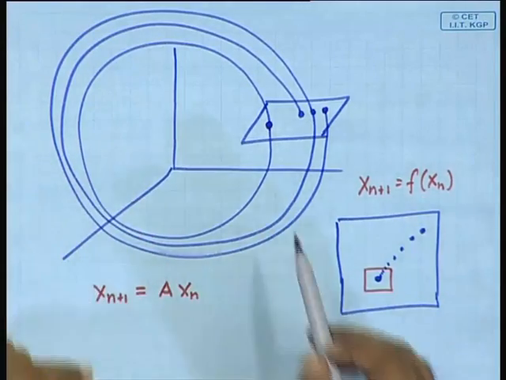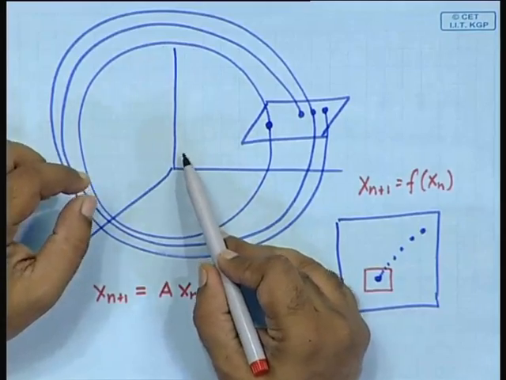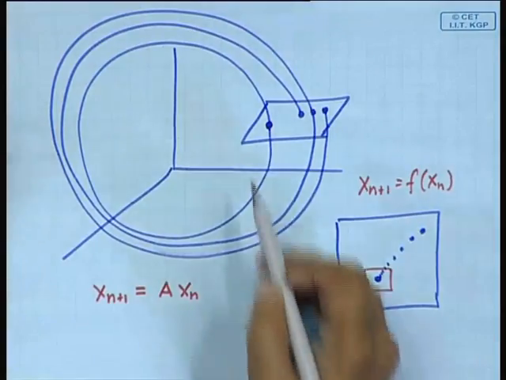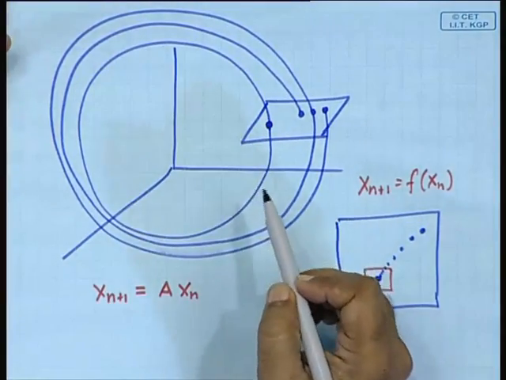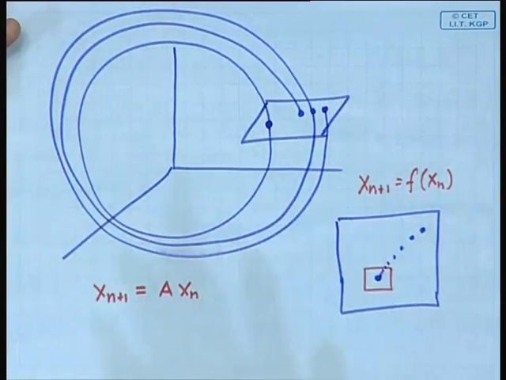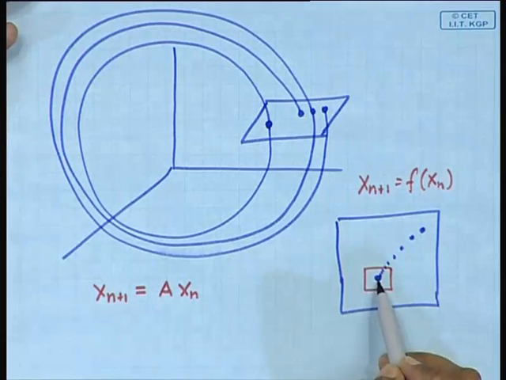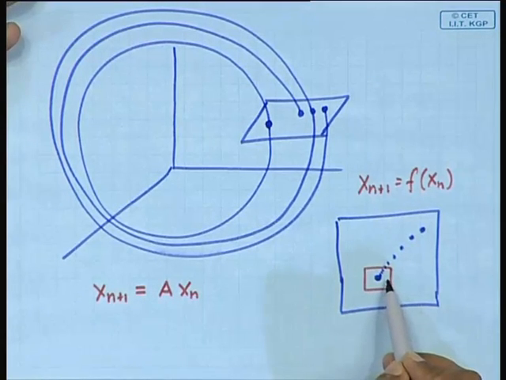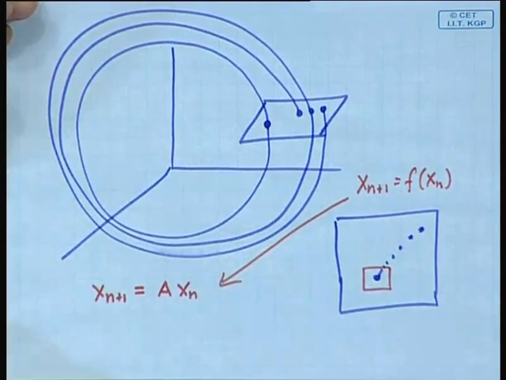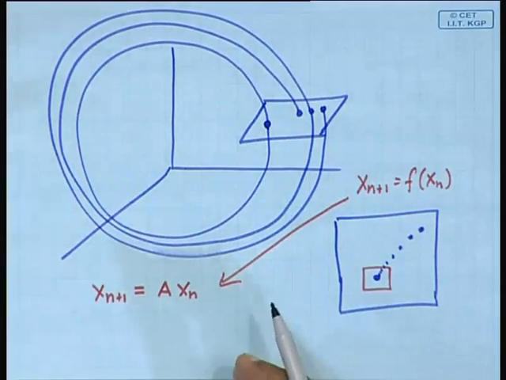We first said that our old approach of locally linearizing at some point in the state space does not work for the limit cycles because of this problem, but now we have defined another discrete time state space in which it should work. Why? Because the whole limit cycle is nothing but a point, and therefore you can locally linearize around that point, which will yield this, and then this A matrix will yield eigenvalues.